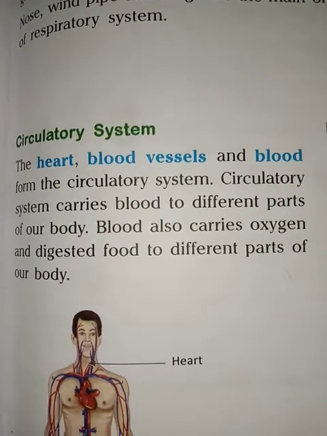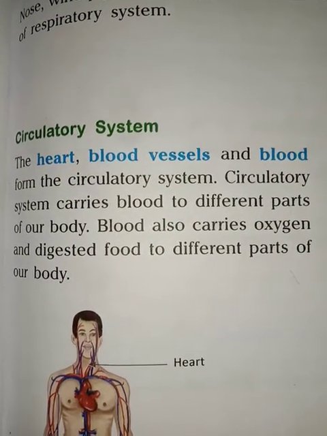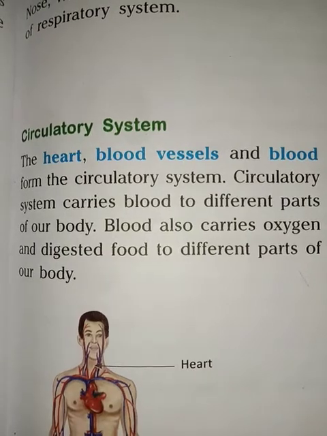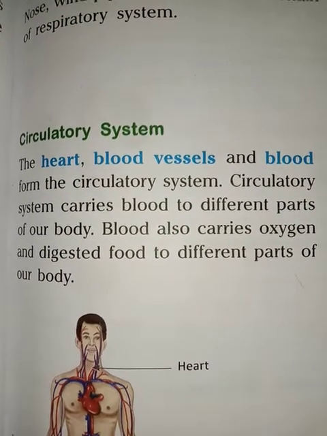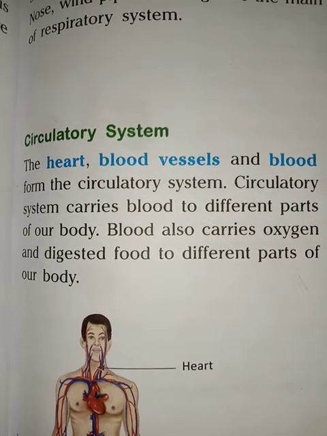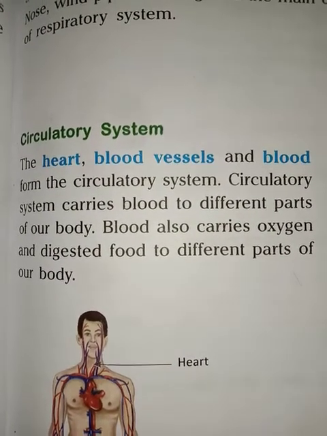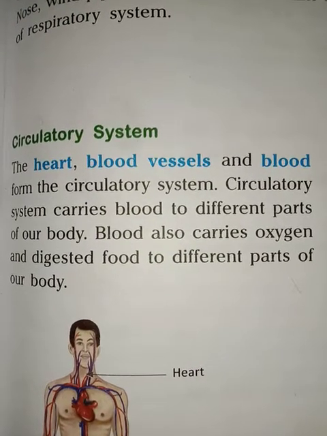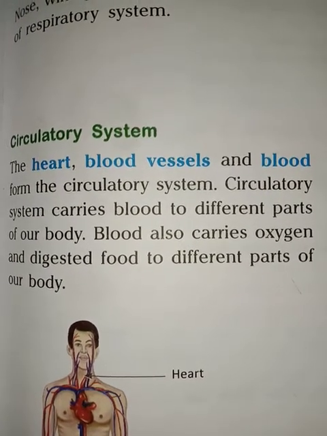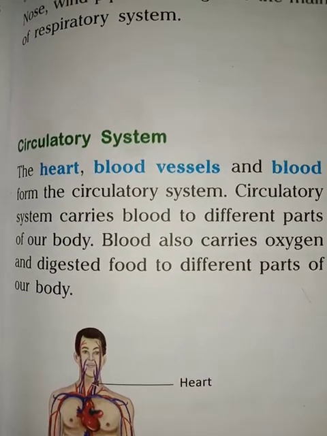So student, the system that moves blood throughout the body is the circulatory system, also known as the cardiovascular system. The circulatory or cardiovascular system is composed of the heart, blood vessels and the blood.